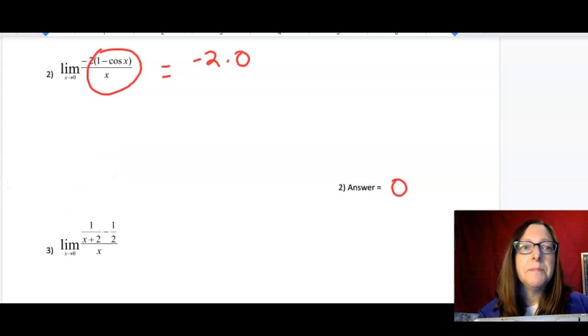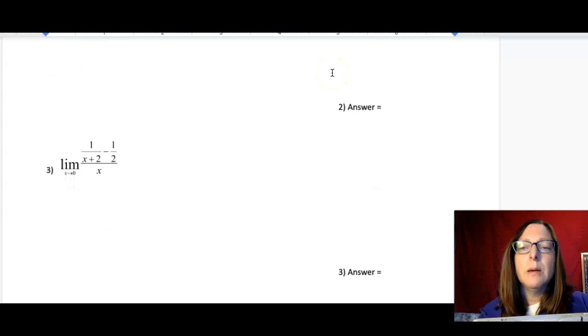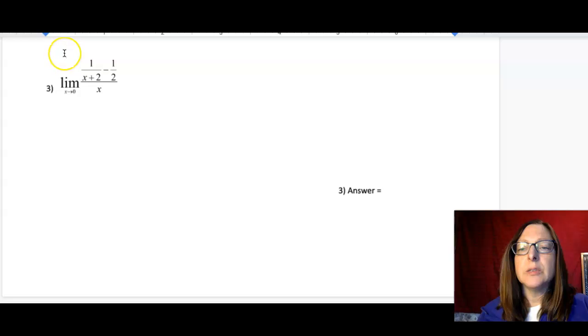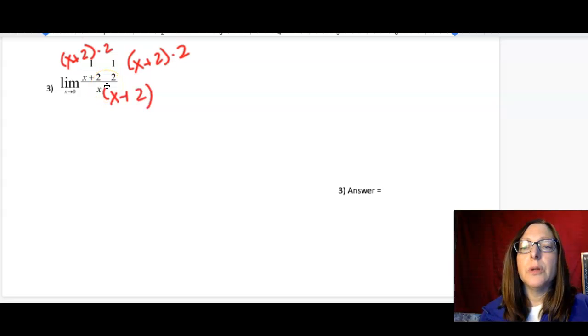Perfect. The third one involves multiplying by common denominators. So I see an x plus 2 and a 2. I'm going to multiply every single term by x plus 2 times 2 on the numerator. So I'm multiplying by everything and distributing it.